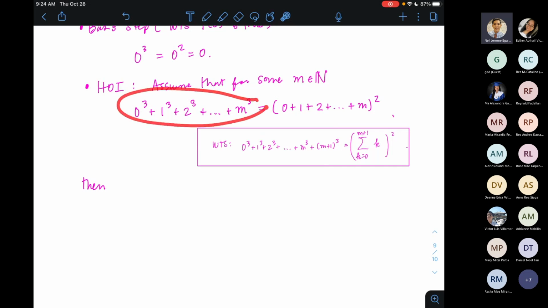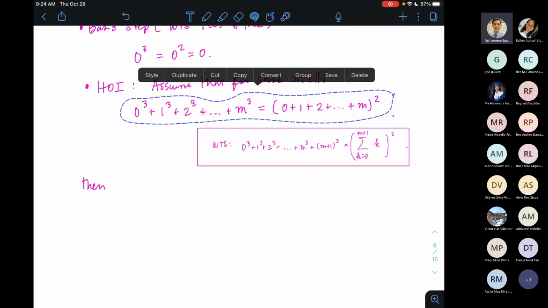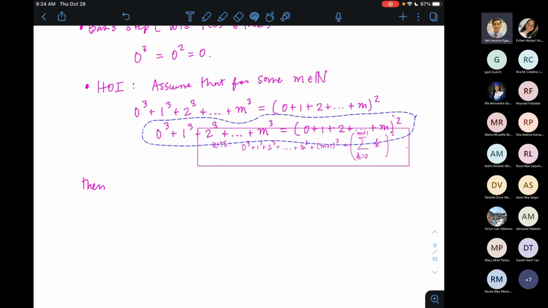So, ibig sabihin, short tayo dito ng m plus 1 cube. So, we can add that to both sides of the equation and hopefully from there, we can get the right-hand side. Okay? Kasi doon, pag nag-add pa lang tayo ng m plus 1 cube, makukuha na natin yung left-hand side ng WTS. So, in particular, this is what I think Rhea is going for.